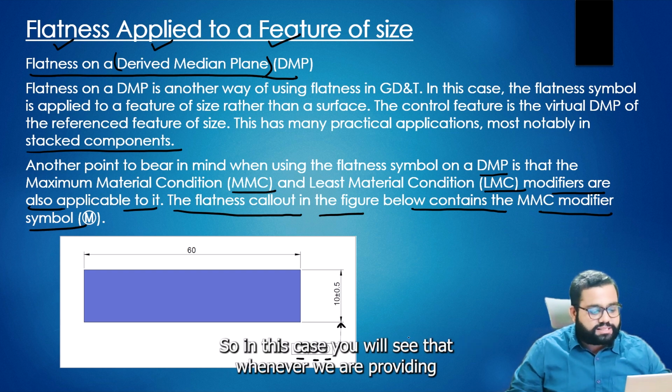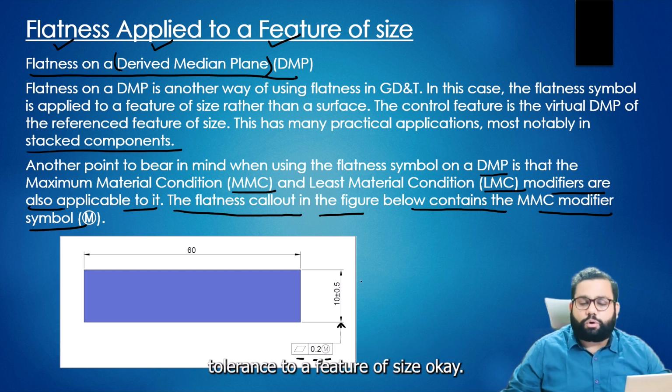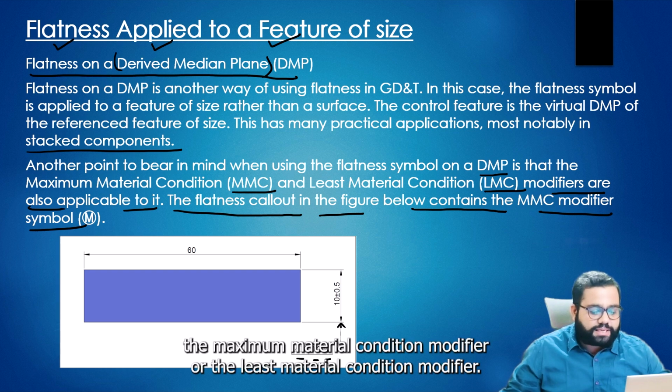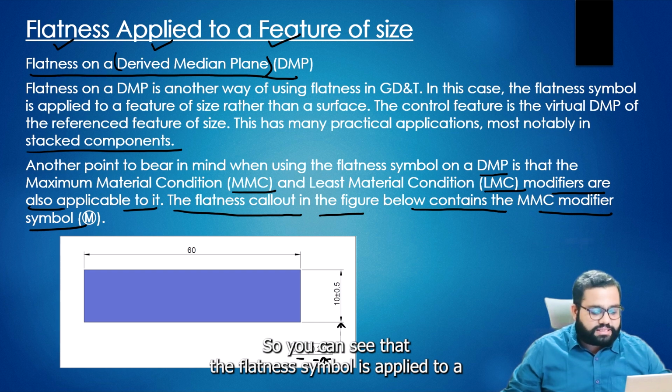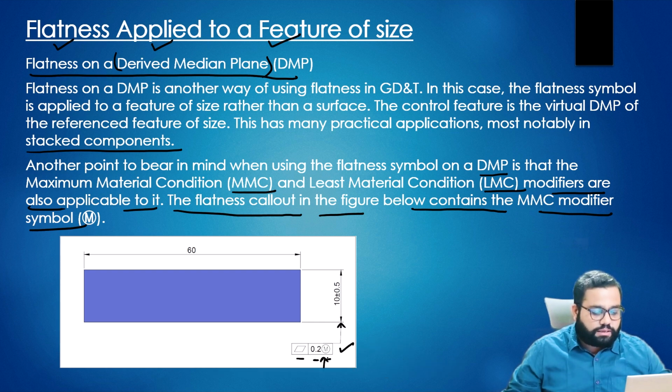Whenever we provide tolerance to a feature of size, we can have the MMC modifier or the LMC modifier. So the modifier is given to the tolerance zone, which is very important.